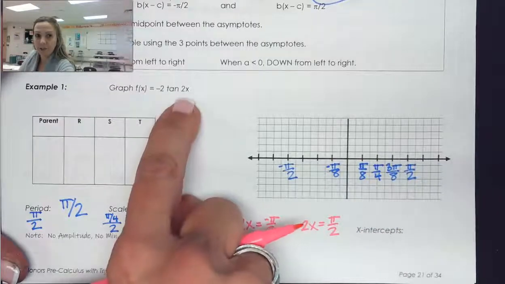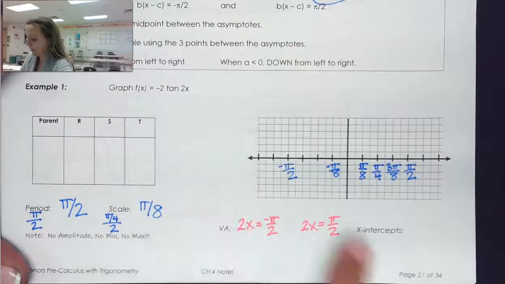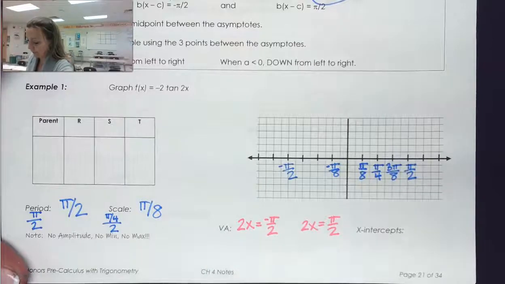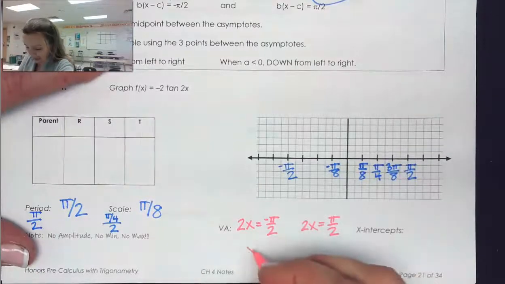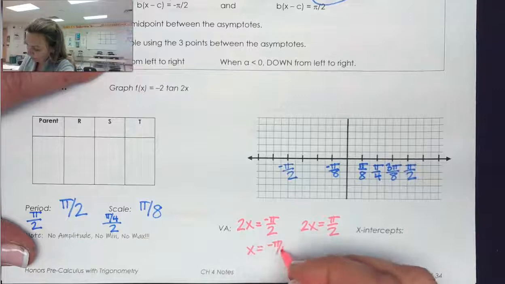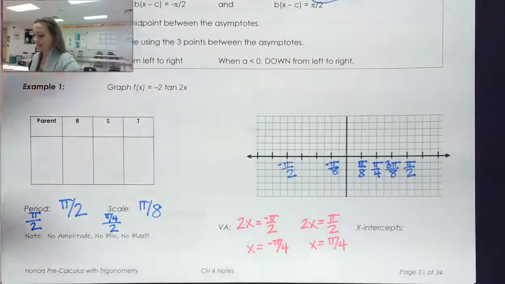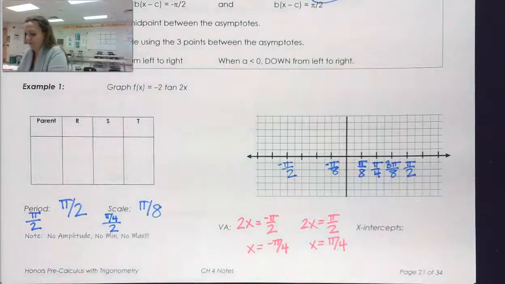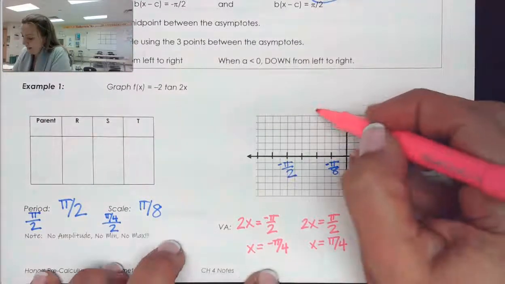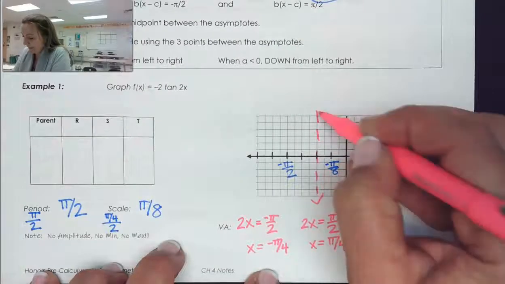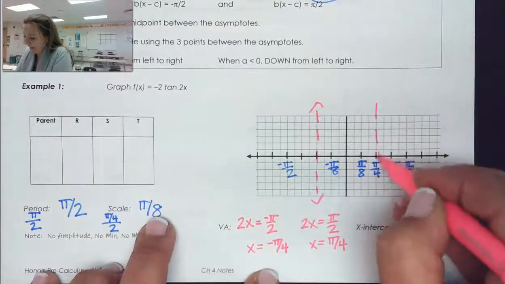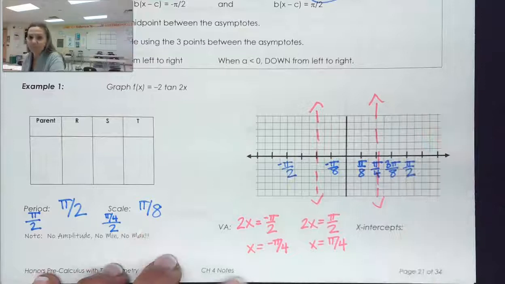Notice we're taking the tangent of 2x. And notice that when we solve, we have x equals negative pi over 4 and x equals pi over 4. And I didn't mark it, but this would be negative pi over 4 and this would be pi over 4.